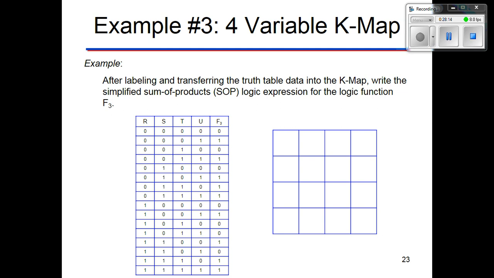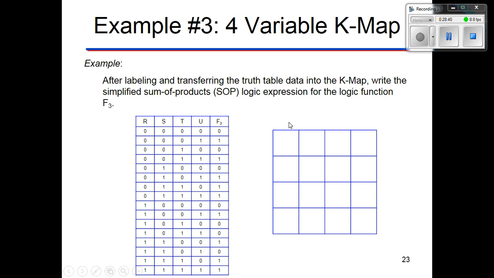So here's another lovely truth table. Once again, it's a 4-input one. And this time we have to label our K-map. So the K-map, you're going to always start with nots. So this one's going to be not R, not S, not R S, R S, R, not S. And on this side, you're going to have these two.